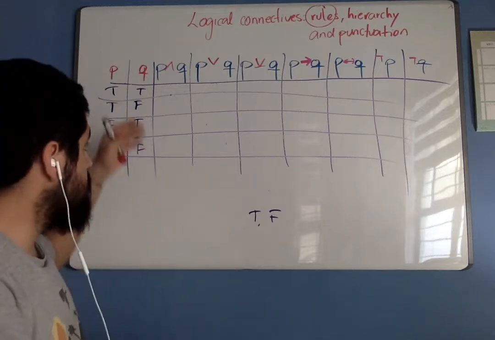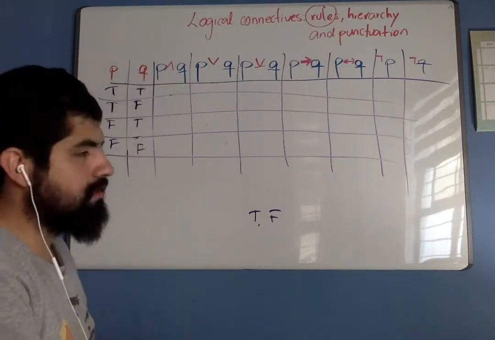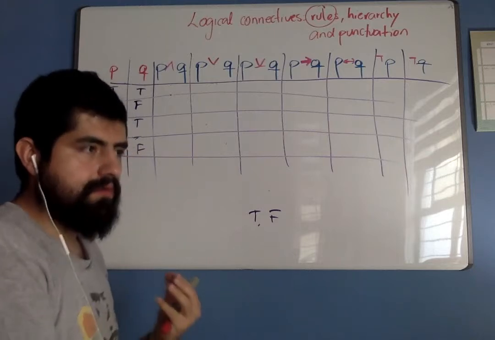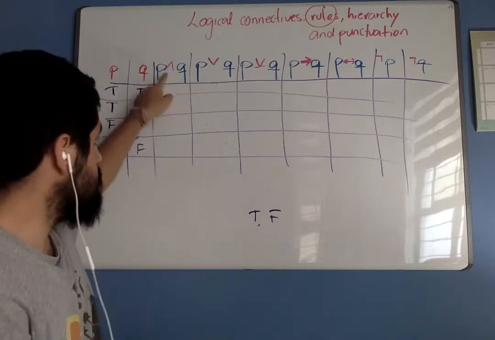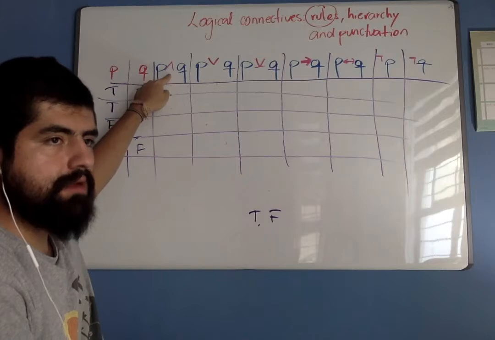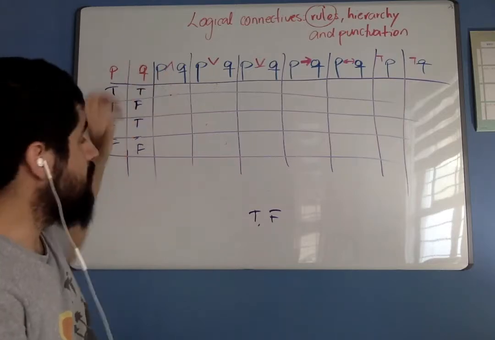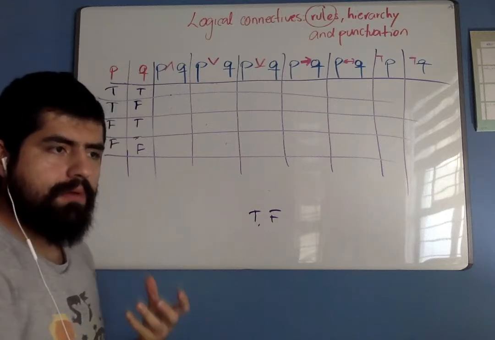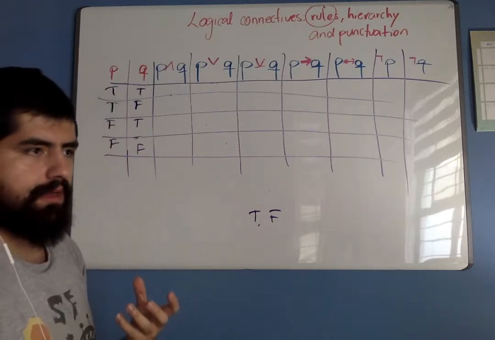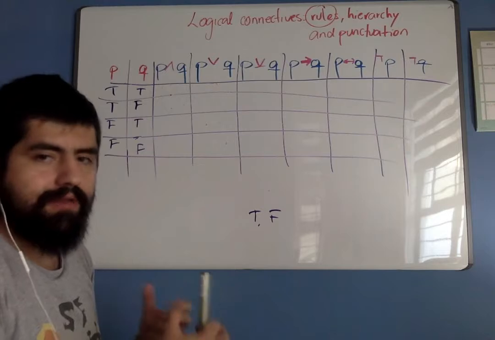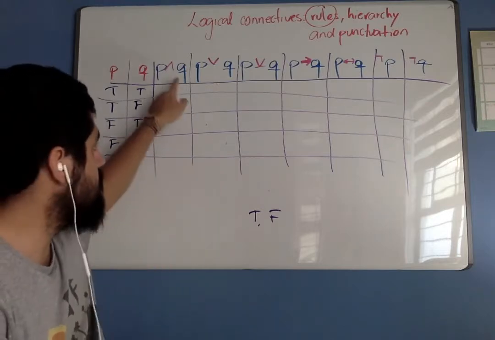Okay, so for example, in the conjunction, remember that the rule of the conjunction is that the conjunction is true when both components of the conjunction are true, okay? When I say component, I'm talking about the variables that are linked or joined by the logical connective, okay?